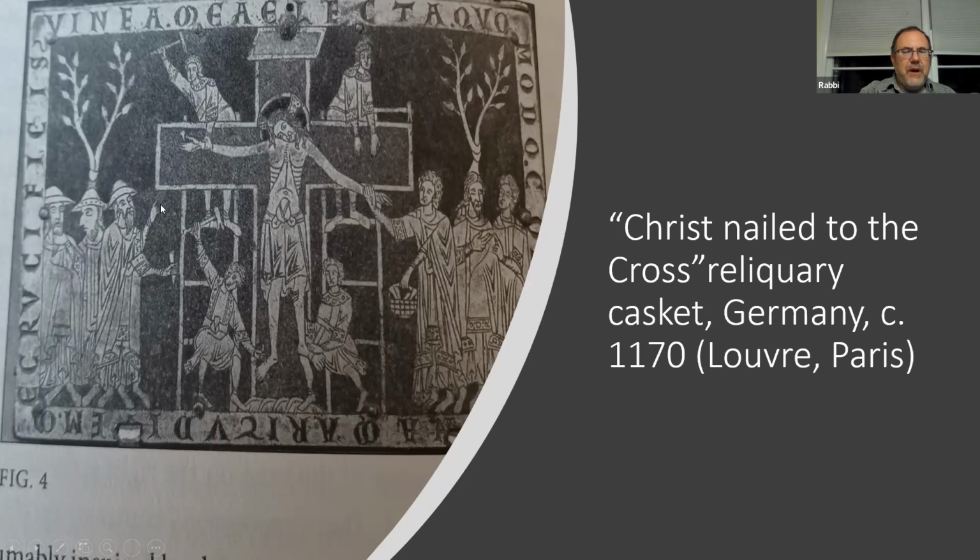One of them is pointing his finger as if to accuse Jesus, and what he's holding in his other hand is a nail, which he is handing to the Roman, who nails Jesus to the cross. And the other group do not look like Jews in the same way that the group on our left does.